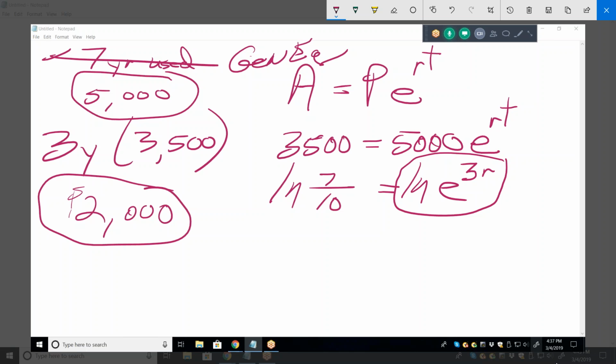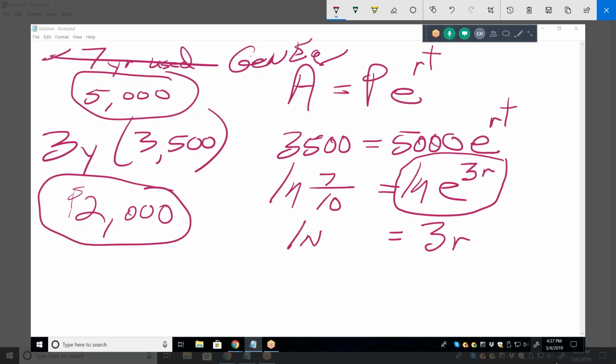You can bring the 3r to the front, or just understand that when you take the log base b of b to the x power, the answer is x. So it's always going to be 3r if it's over natural log of e. It's 3r times natural log of e, but that's always 1.